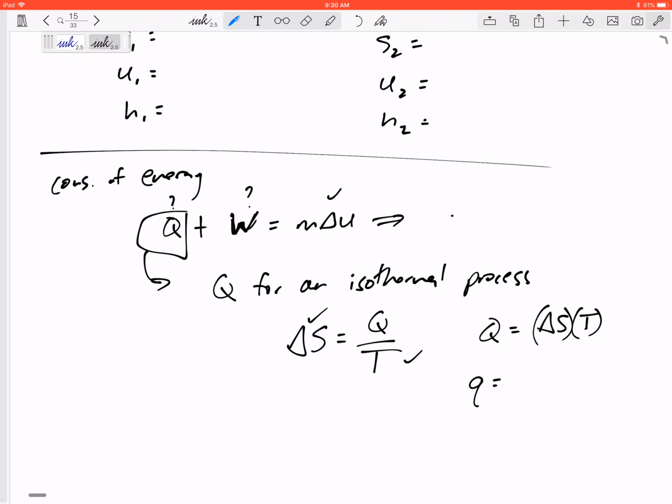Let's rewrite this as Q plus W equals delta U, with Q equal to lowercase s times T.